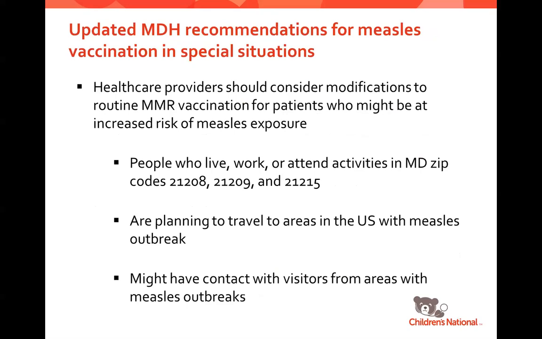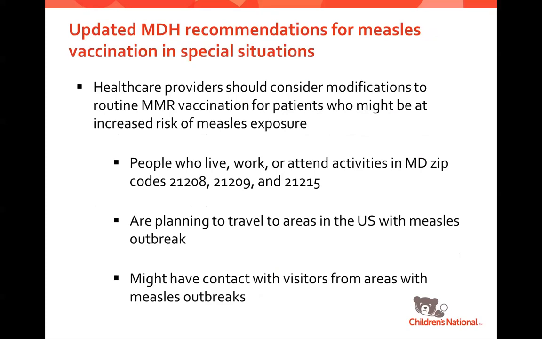So you can see here, actually, the recommendation has a lot of gray area. They say healthcare providers should consider modifications to routine MMR vaccination for patients who might be at increased risk for measles exposures. And then they list who those patients are: people who live, work, or attend activities in the Maryland zip codes listed here.